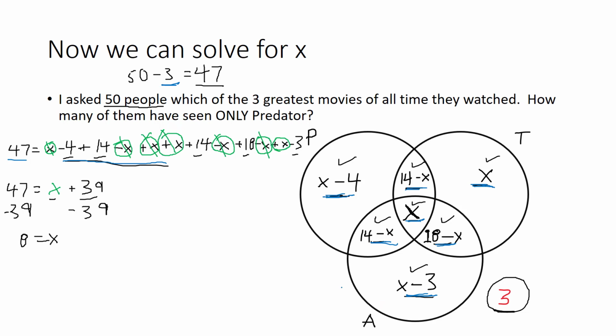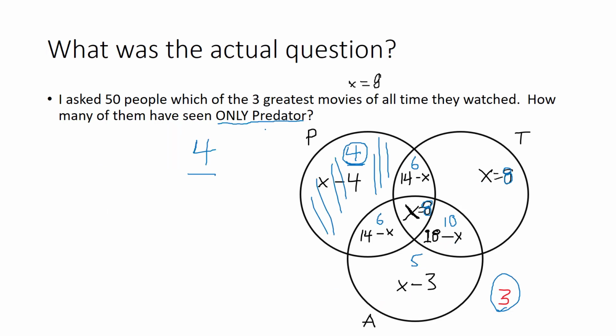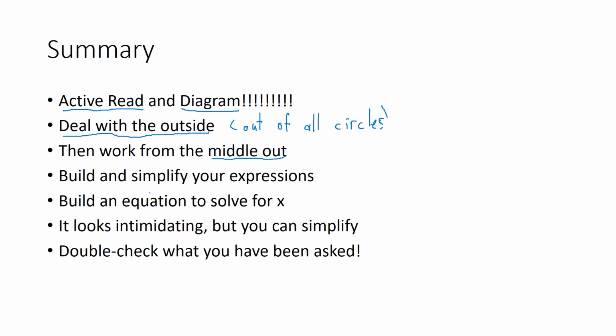Then once we had all of those expressions built, so you built and you have to simplify those expressions, those x's cancel out, you can group your constants. Then you can build an equation to solve for x. That equation looks like a mess, but you can always simplify it down. Same goes for your expressions. It looks complicated, but it's not so bad.